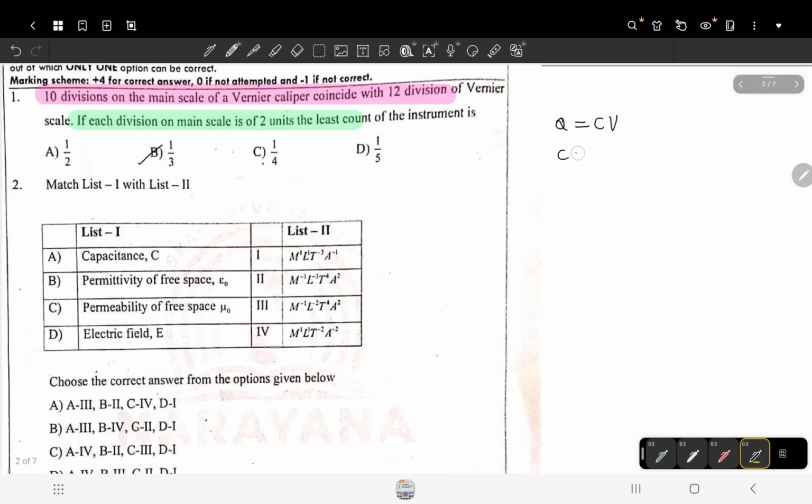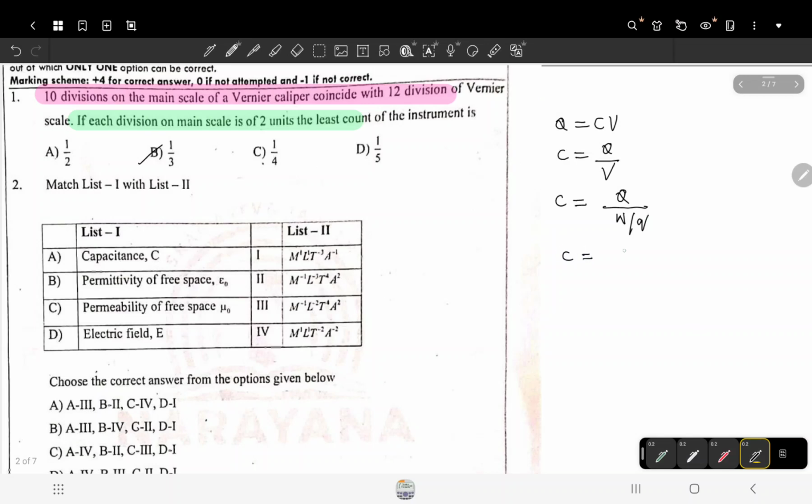Therefore C is equal to Q by V. Q can be written as current into time, and V as work... or else, we can do it in an easier way without converting that. Capacitance can be written as Q by V, and voltage can be written as work per charge.